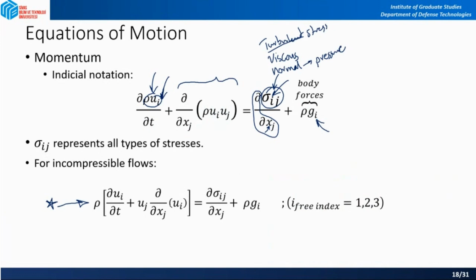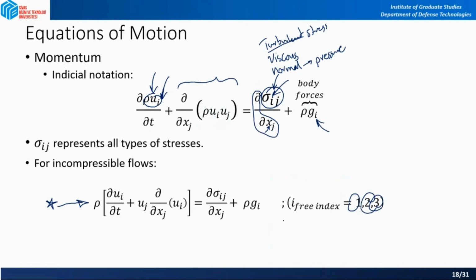As I said, all of the terms will give a vector, so this will be a vector equation. It means that it represents only one single equation, but we have i as a free index equal to 1, 2, and 3. So this equation actually represents three different momentum relations combined all into a single line equation.